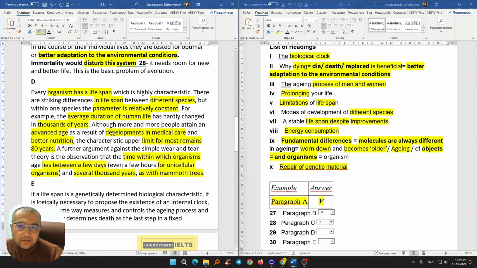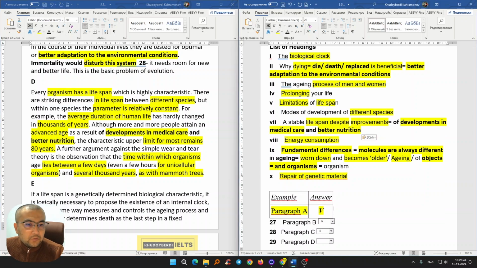I can see we have development in medical care and better nutrition, which is a perfect synonym to the word improvements. So let's highlight this and make it bold so as to be a synonym to the word different improvements, right? And stable lifespan. Do we have the word stable lifespan here?